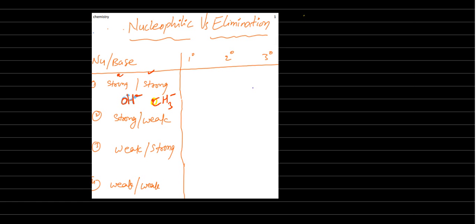In this case, you know the primary alkyl halide: CH2X, this is the primary. If X is attached to this carbon, it's secondary. If X is attached like this, tertiary, right? So these are alkyl halides: primary, secondary, tertiary.